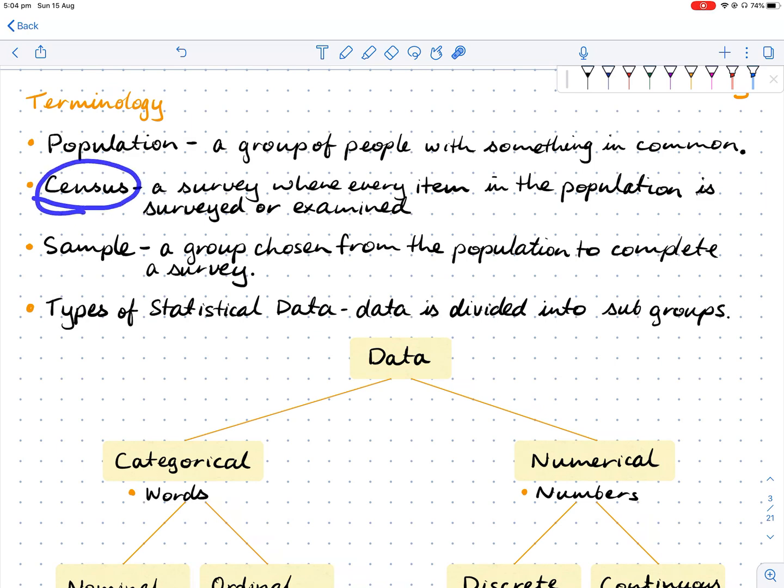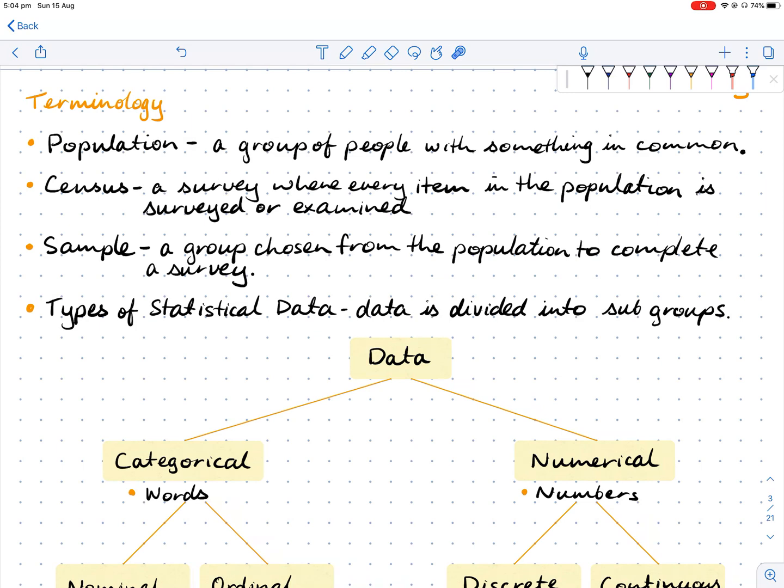A census, so hopefully we're pretty aware of what a census is now. It's a survey where every item of the population is surveyed or examined. So our just recent national census, every single household had to fill in that survey. So the idea behind it is that every single person in the whole of Australia has been counted in some way or another.